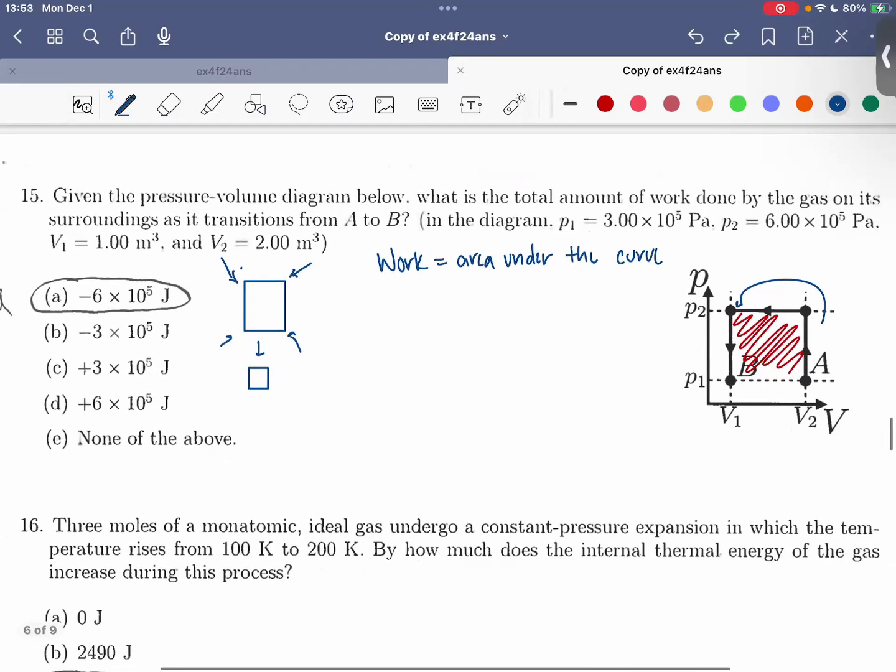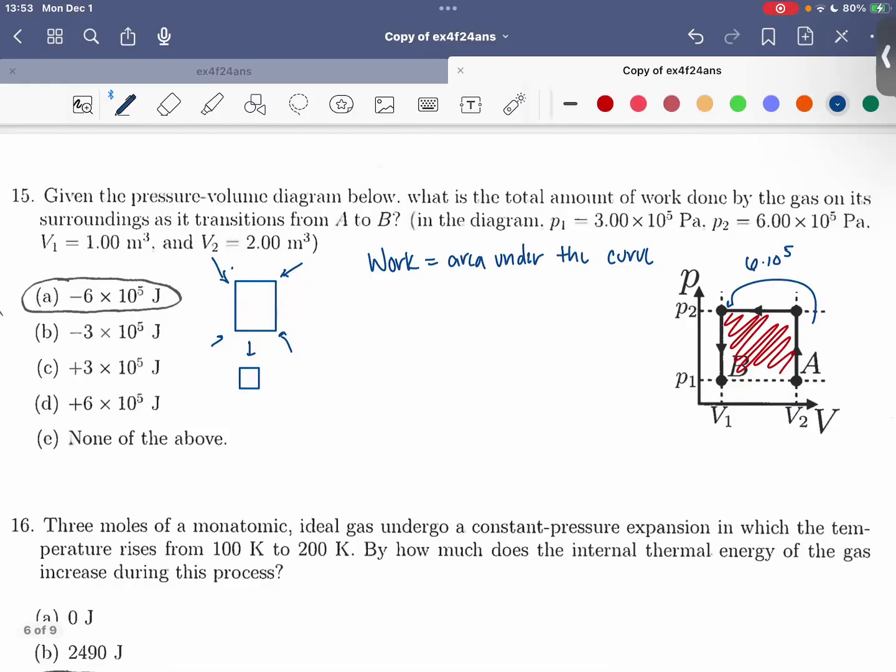But so to find your area under the curve, we're just going to take this pressure 2. So pressure 2, 6 times 10 to the 5th. And you're going to take this difference in volume, which is just 1 meter cubed. And that should give you your answer.